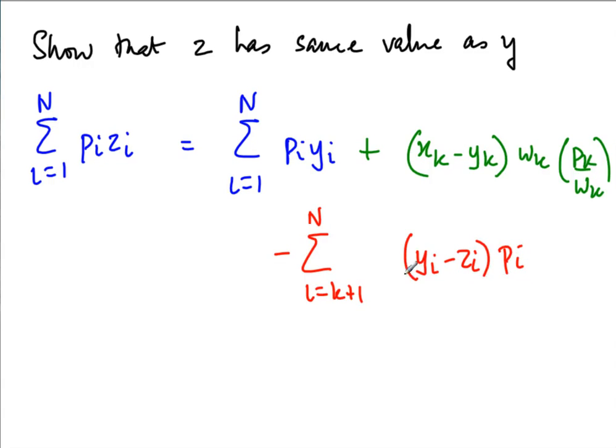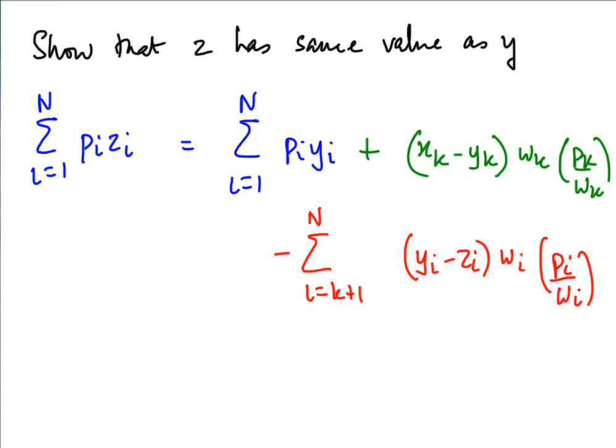So these things have been reduced, and once again I'm going to write pi in this roundabout way as wi into pi by wi, right? So this is how I got the z's from the y's. The value of the z's is the value of the y's plus the quantity added at k minus the quantity I subtracted beyond k.